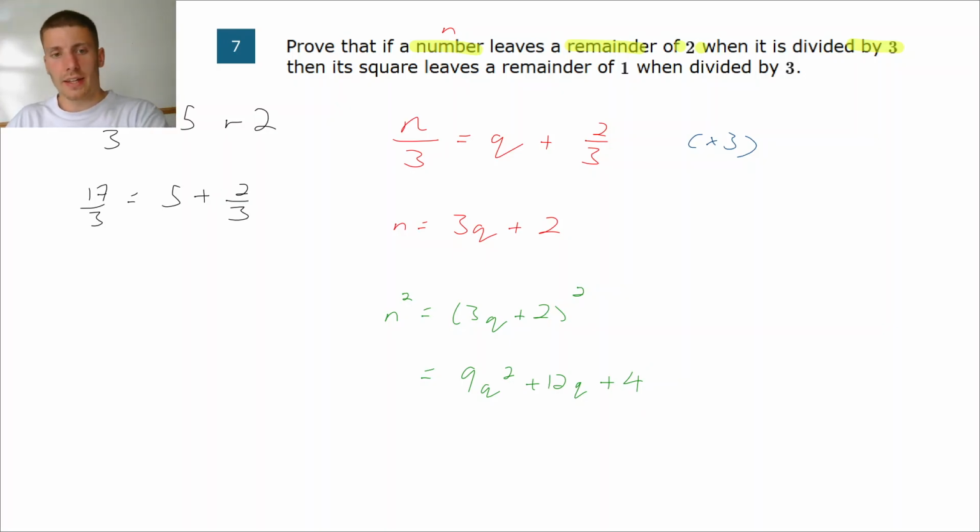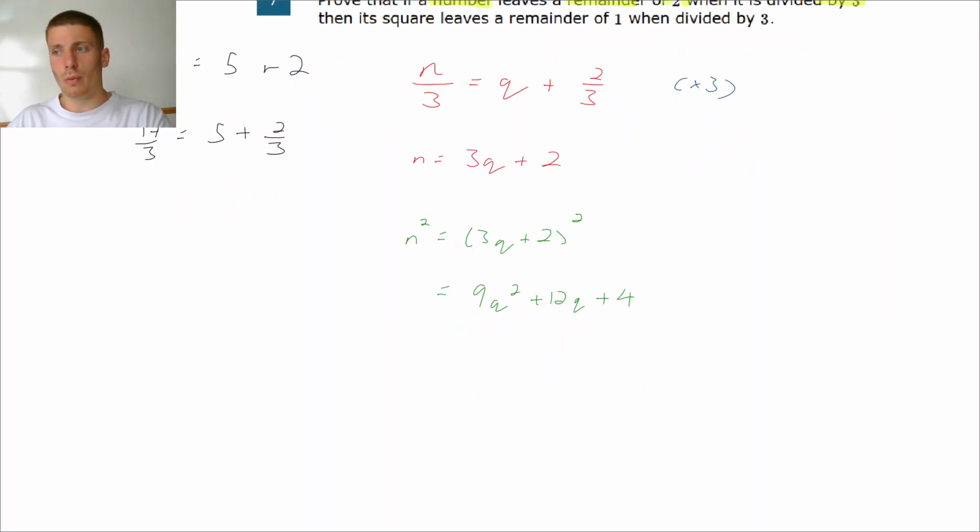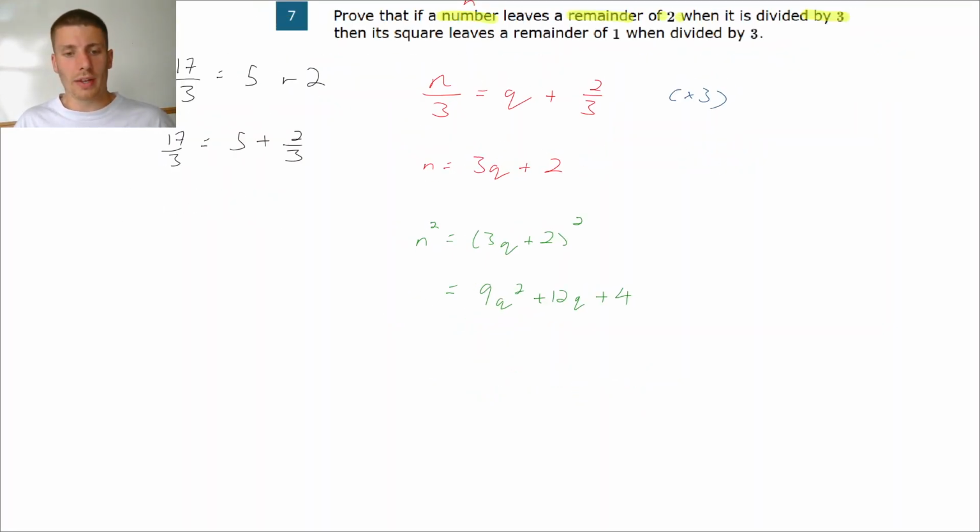Now, the question is saying that we get a remainder of 1 when divided by 3. So if I can factorize out a 3 here and get a 1 on its own, that's going to be a good thing.